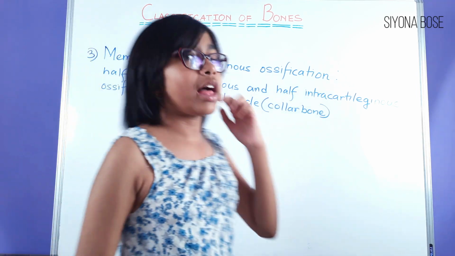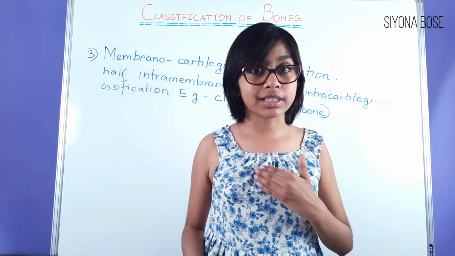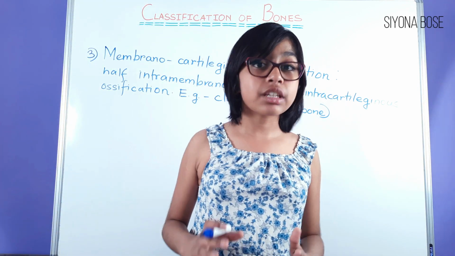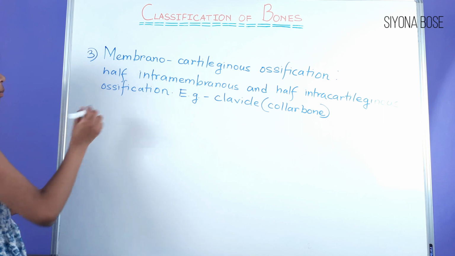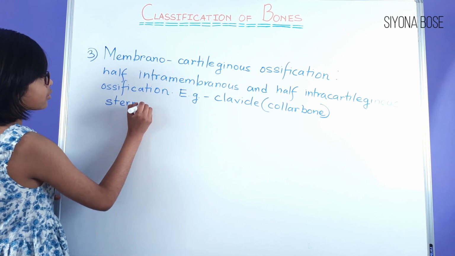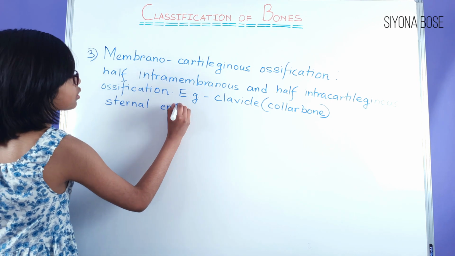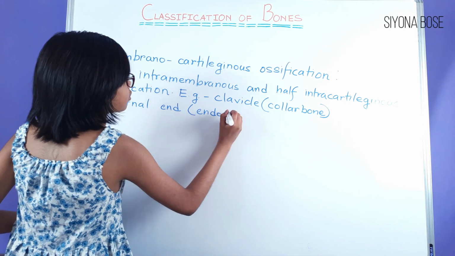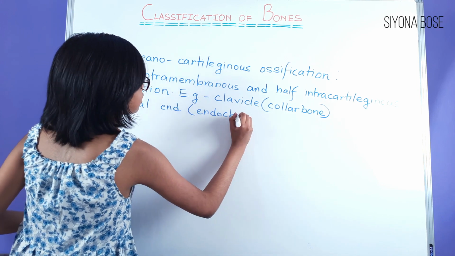The sternal end, that means the end facing towards the sternum or the breastbone, ossifies endochondral. That means cartilaginous.